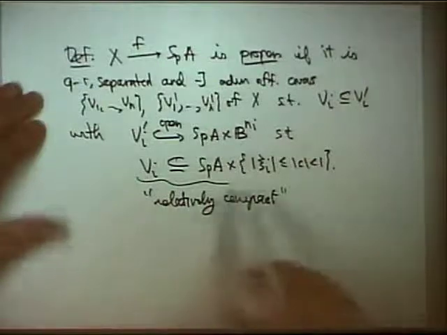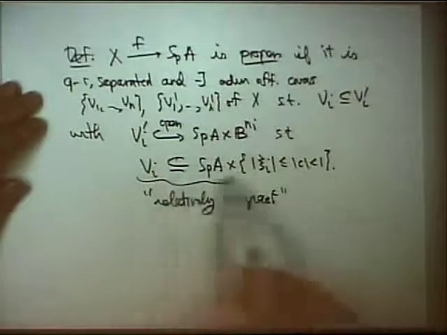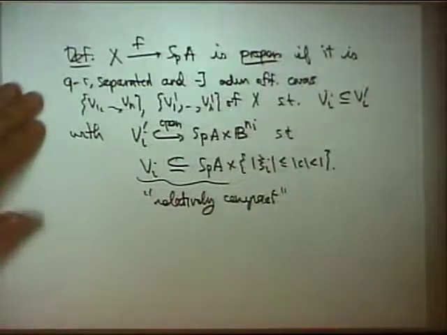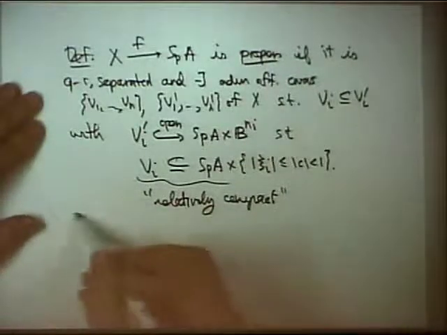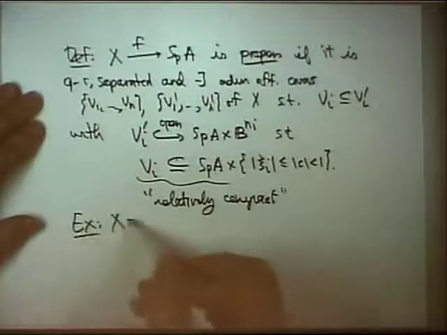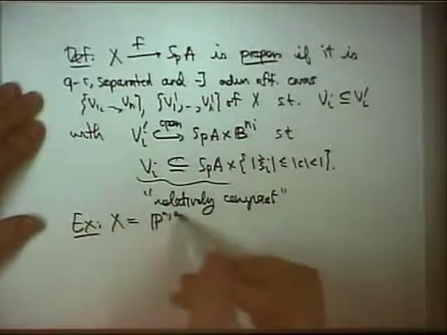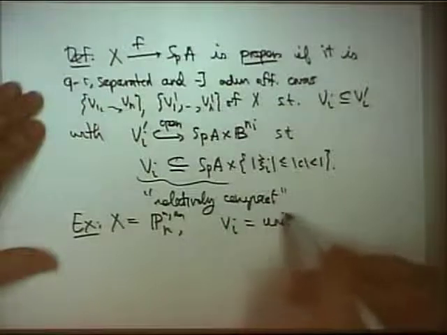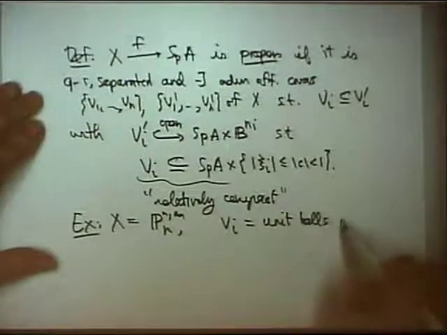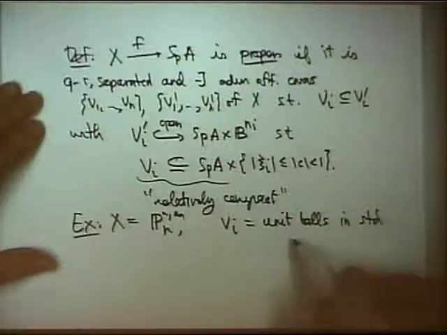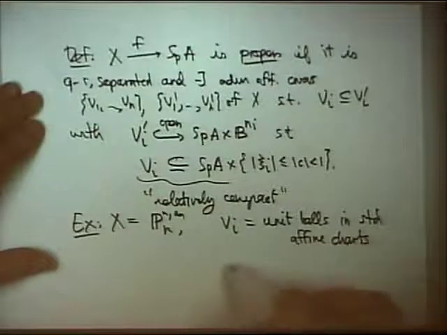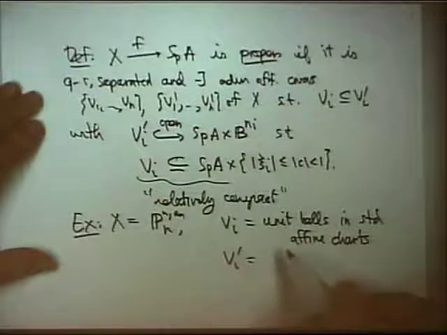Okay? So if you think about it a little bit, this is actually quite a reasonable notion motivated by the topological case. And I'll just mention the fundamental example is rigid analytic projective space, where you take the Vi to be the unit balls in the standard affine charts, which already are a nice cover, and you take Vi prime to be slightly bigger balls.